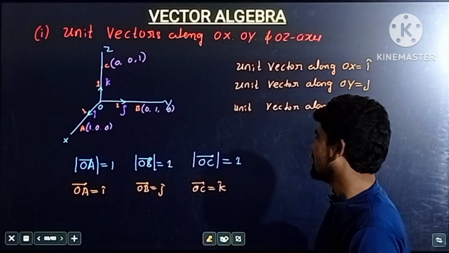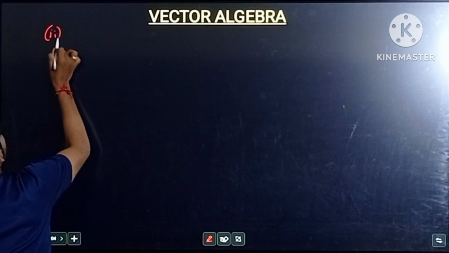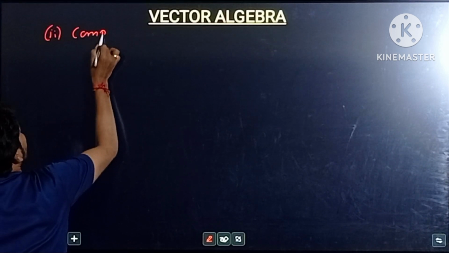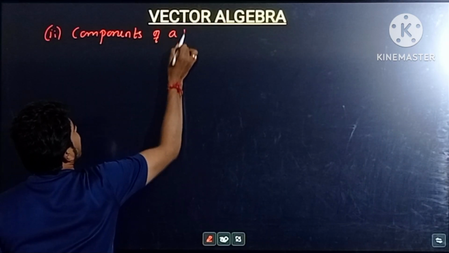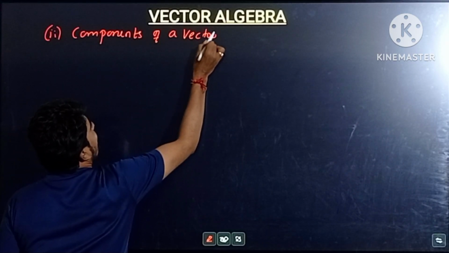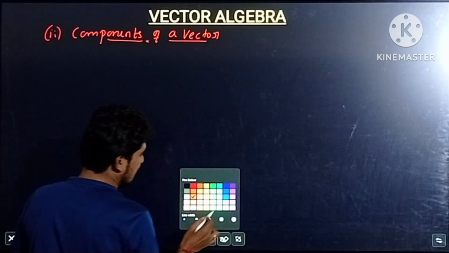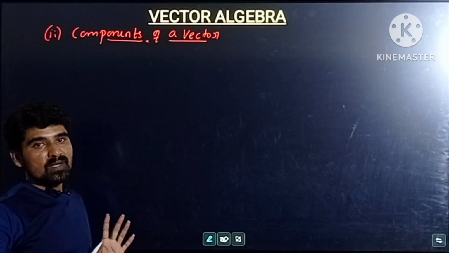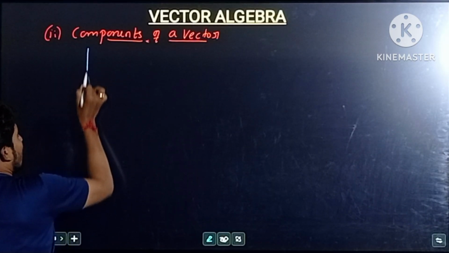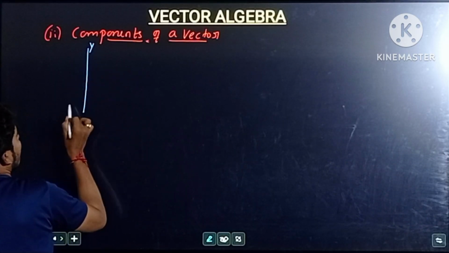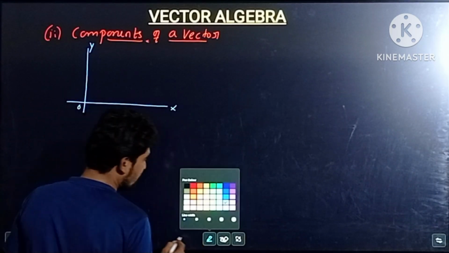Let's start the next concept. The second concept required is components of a vector. To understand this, I am going to consider an example in a 2D plane. As you know, this is the y-axis and this one is the x-axis, with the origin.